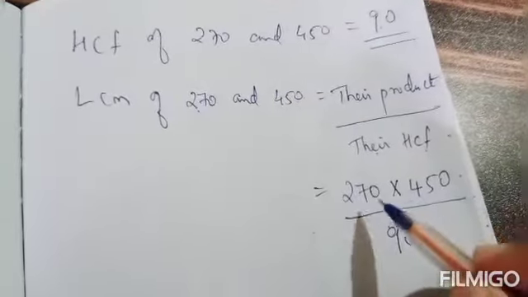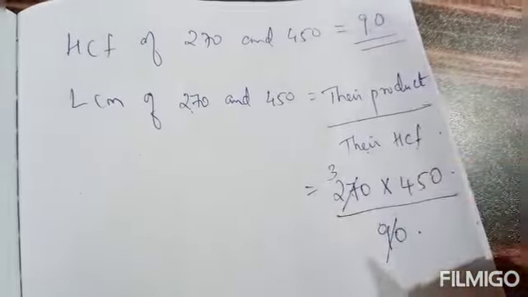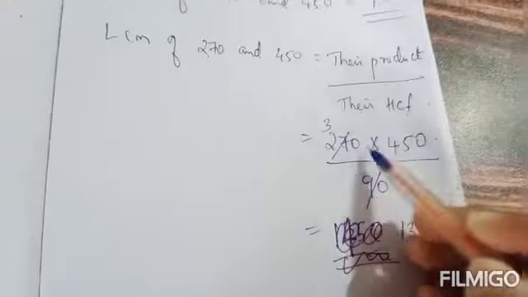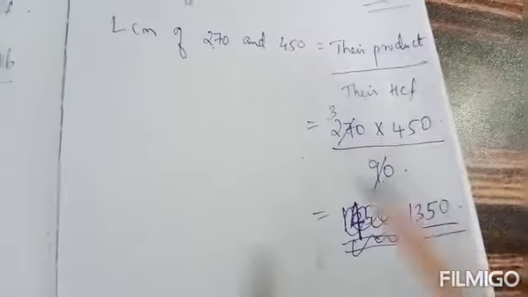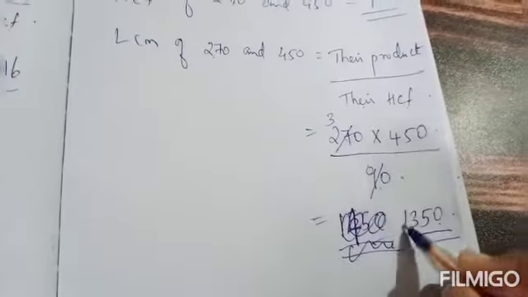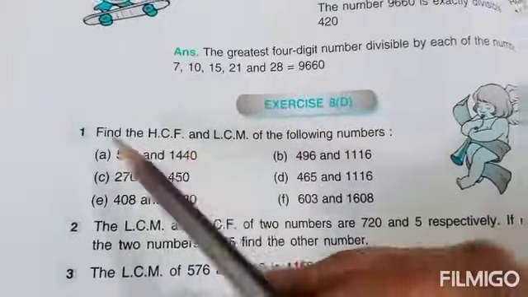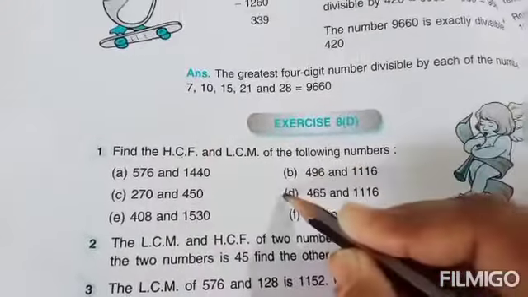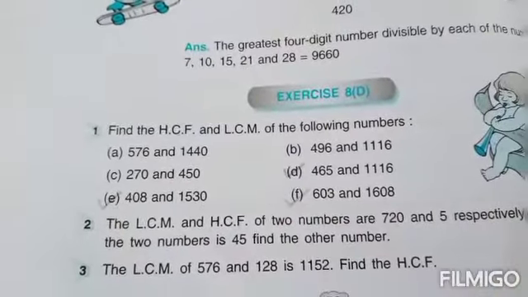So 270 by 90 is 3. Now 3 into 450 you will get 1350. So the LCM of 270 and 450 is 1350. Now do the first question's parts D, E and F as homework.